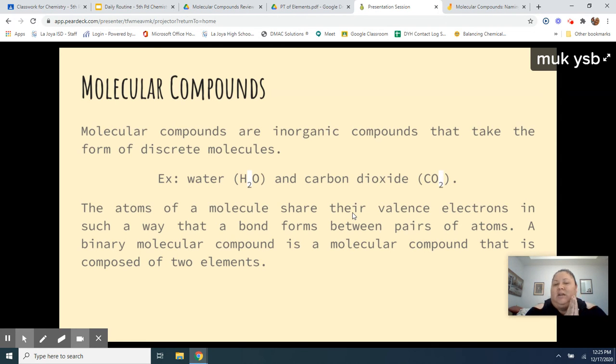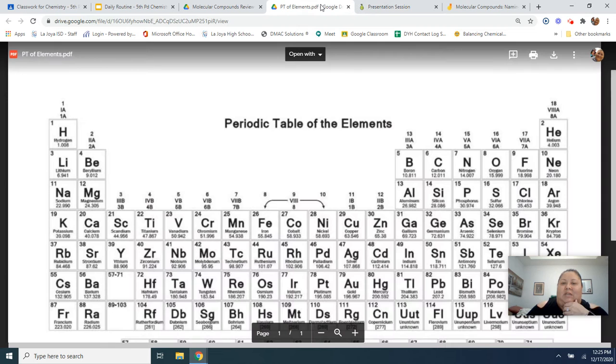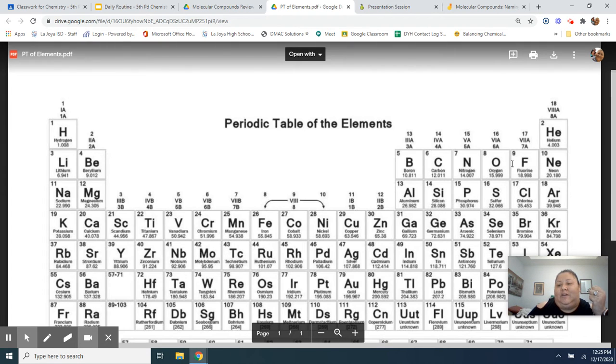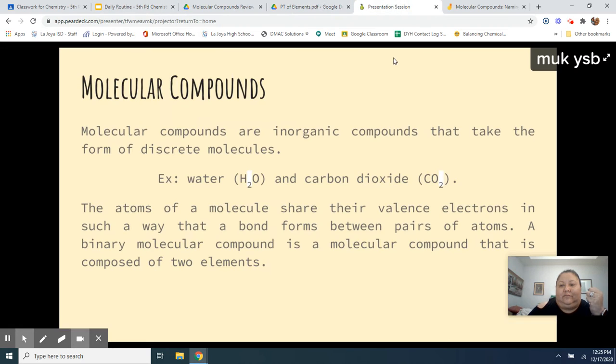They're easy to spot because it's always 2 nonmetals from the right side of your periodic table. On the right side, this is where we find all of our nonmetals. Hydrogen is the only nonmetal on the periodic table that you can find on the left side. All the other nonmetals are over here on the right.